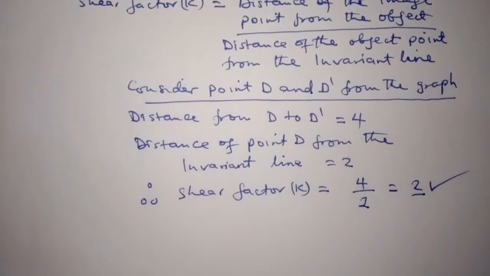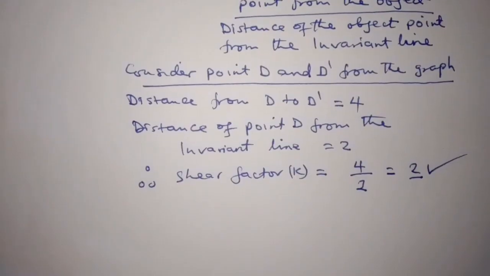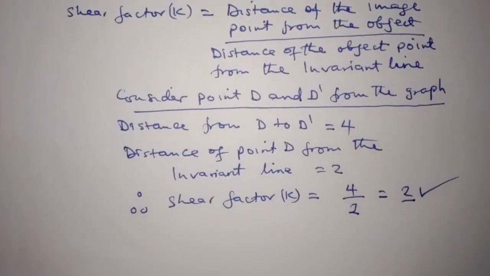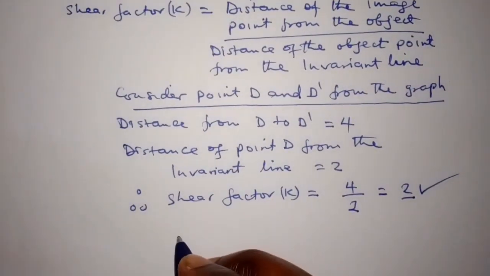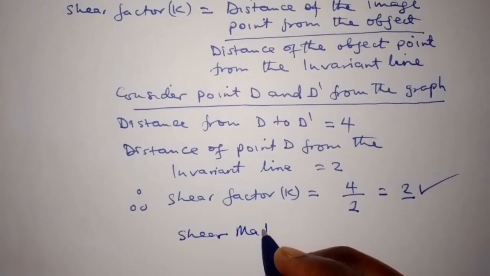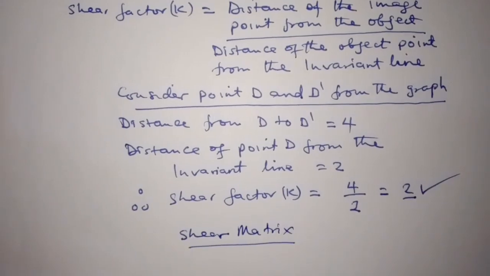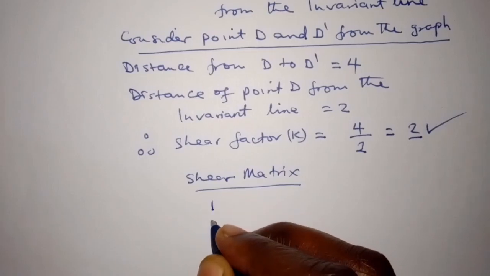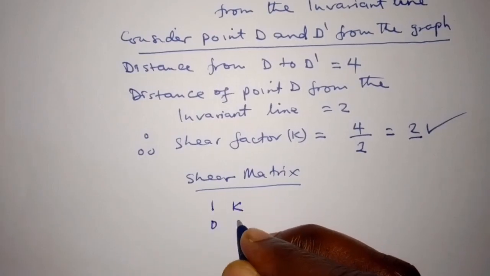How can we find the shear matrix? We know that the shear matrix, where the x-axis is the invariant line and K is the shear factor, is given by (1, K; 0, 1).